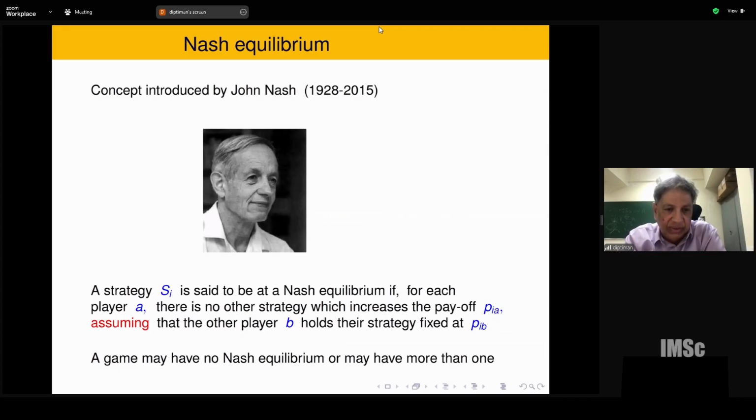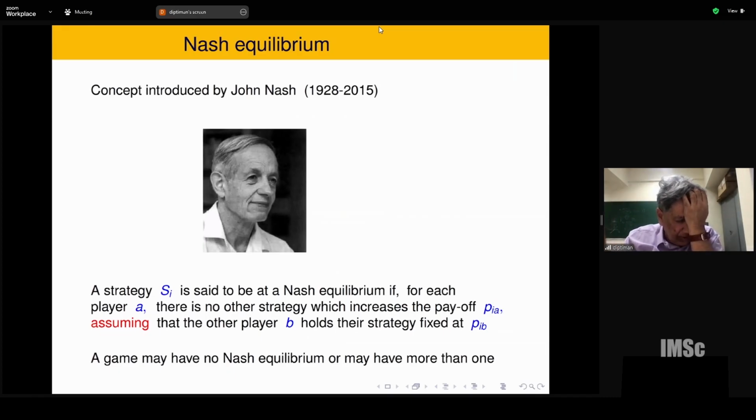We say that a strategy is at a Nash equilibrium if for each player there is no other strategy which increases the payoff of that player, assuming that the other player holds their strategy fixed. Let me say that more carefully. There are two players, A and B, and A doesn't know what the strategy of B is going to be.